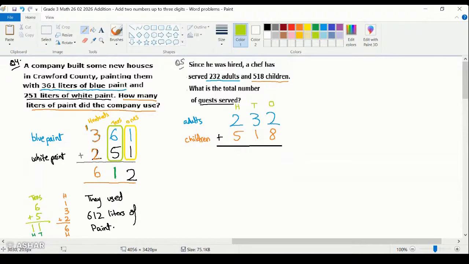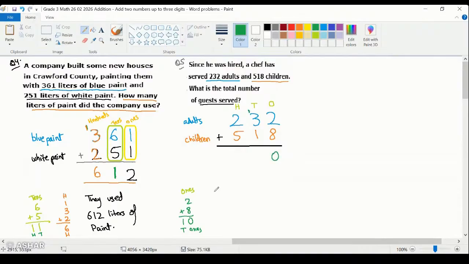So when we add the ones, can we say 2 plus 8? That means there are 10 ones. Agreed? 10 ones can also be written as 0 ones and 1 tens. So we keep the 0 and we take 1 to the tens.